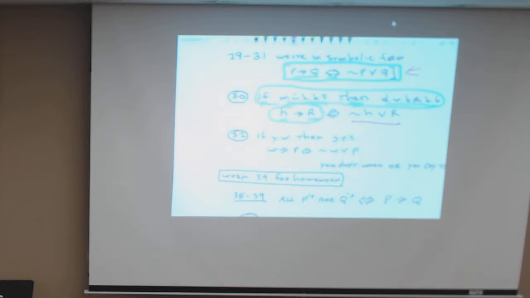32, if you work, you have to pay taxes. Here's that if then. And work is W, and pay taxes is P. So if W, then P. And that's equivalent to saying what? You're not working, or you're paying taxes.